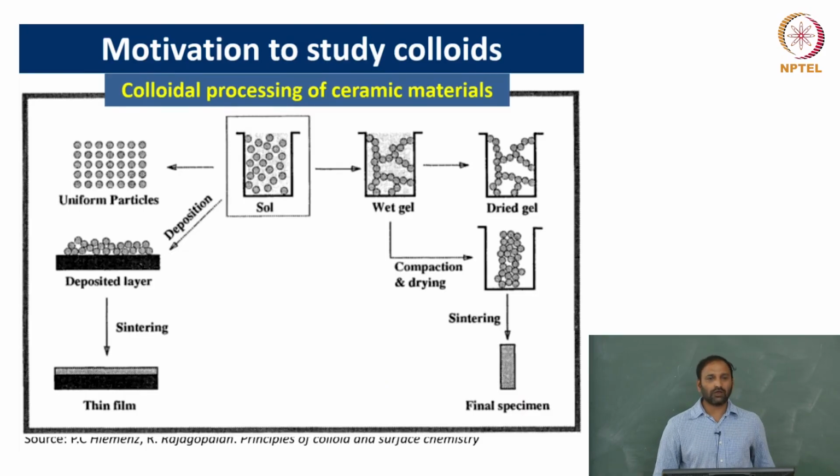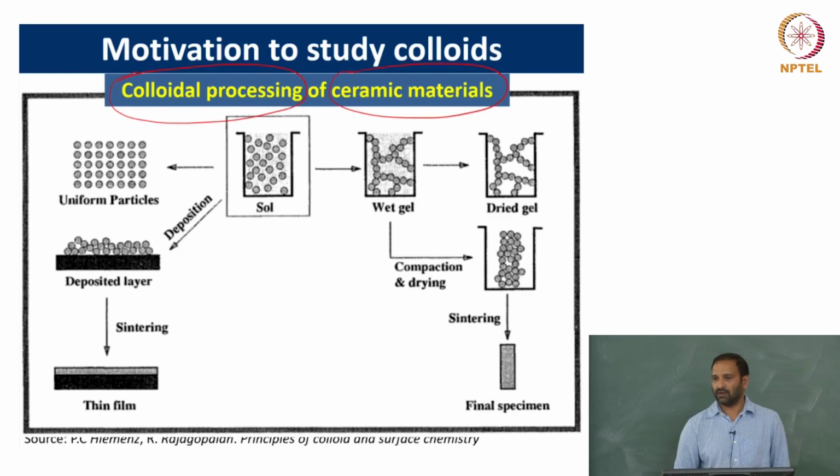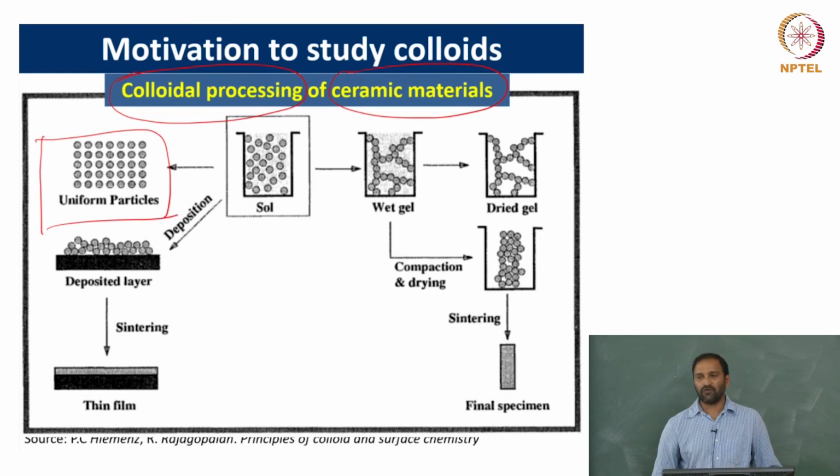Now, to come to a second example of why one should look at colloids, I have taken some examples from materials, where there is a specific field called colloidal processing of ceramic materials. For ceramic materials, one could be interested in SiO2 or aluminum oxide, or any such system, and one of the ways of making such materials is by using a colloidal processing route, in which you start with uniform particles.